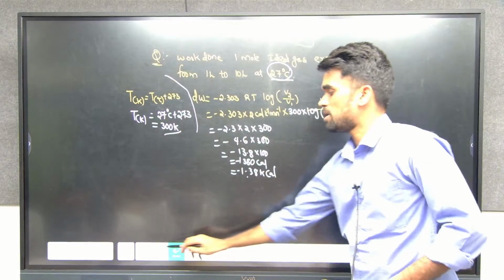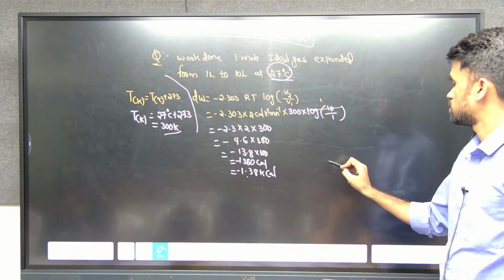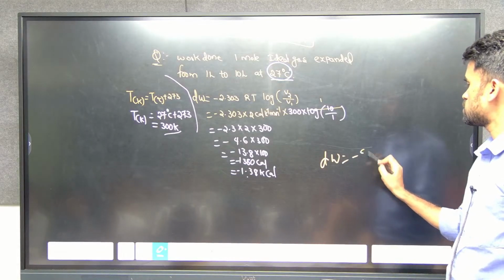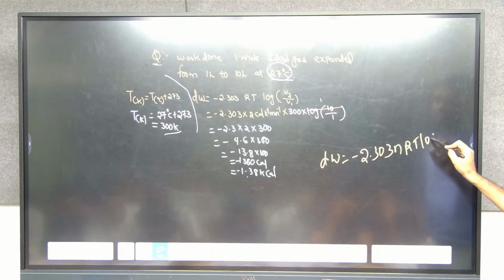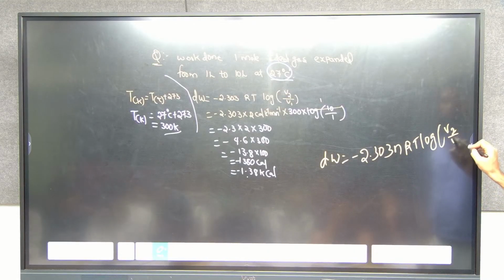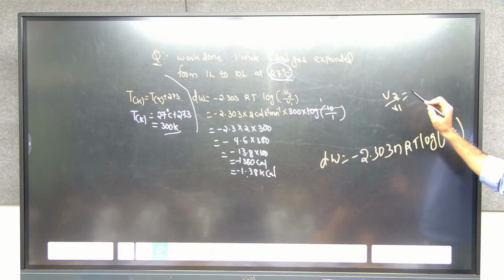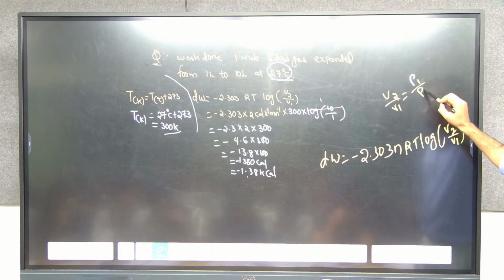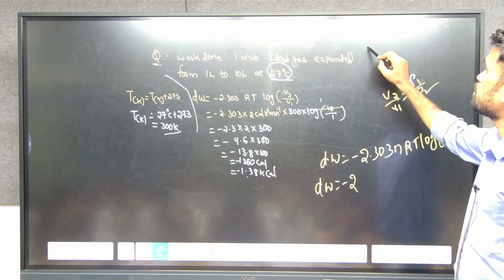See, one more formula also you can write. Minus 2.303 nRT log V2 by V1. In the place of V2 by V1, we can also write in terms of pressures, like P1 by P2. How are pressure and volume related?